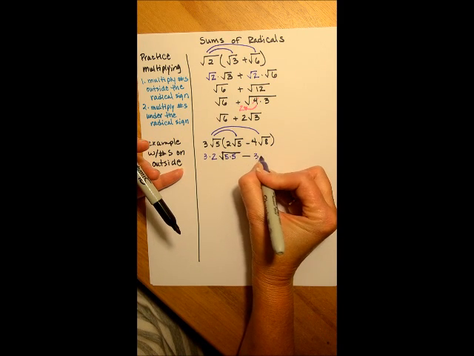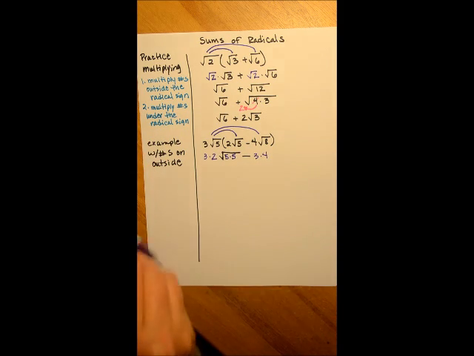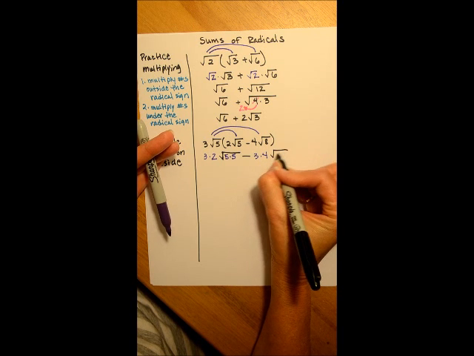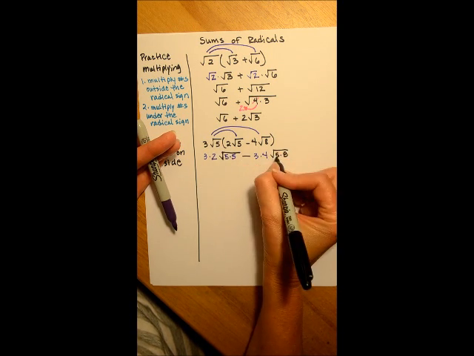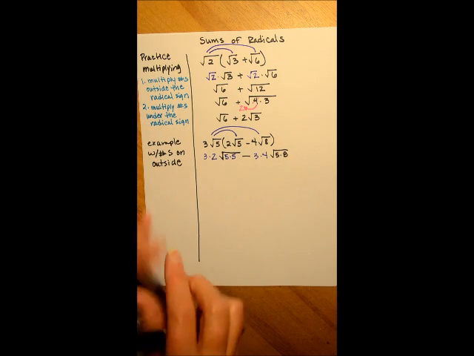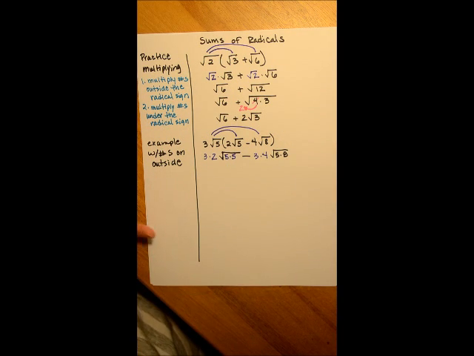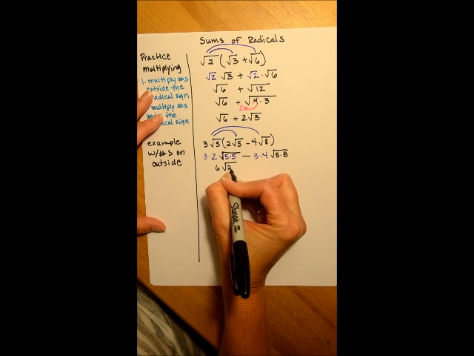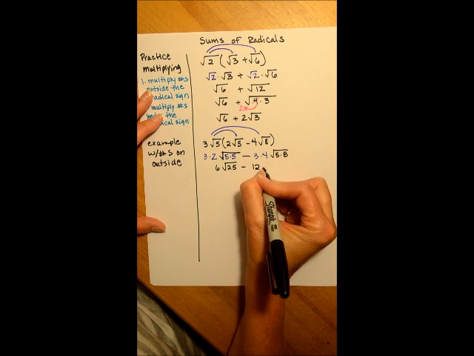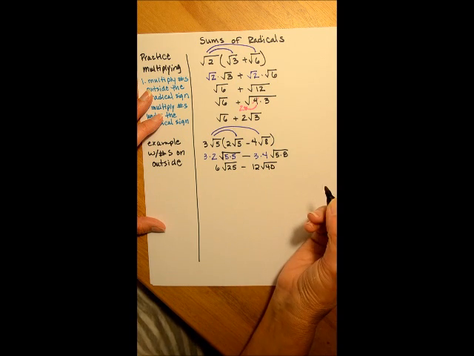So I have 3 times 2 square root 5 times 5, minus 3 times 4 square root 5 times 8. Okay, that's going to give me 6 square root 25 minus 12 square root 40.